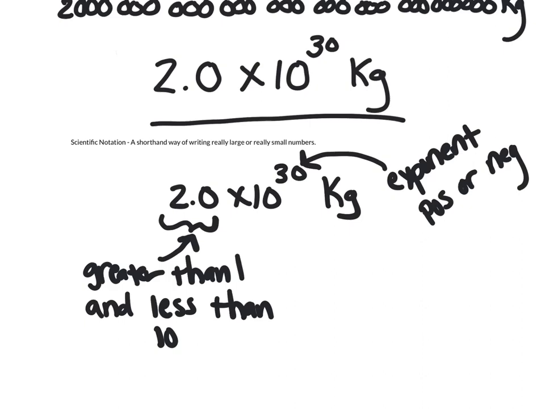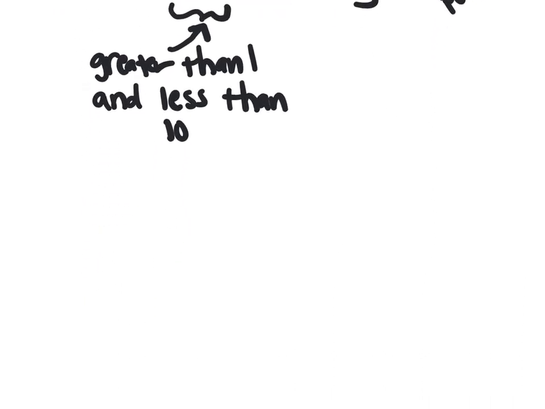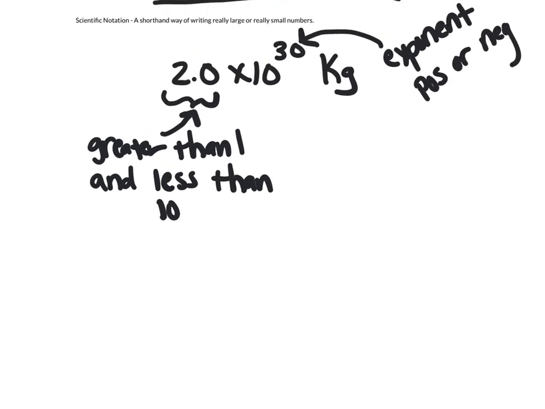So for example, if I was to ask you, is this number in scientific notation? For example, if I wrote 31 times 10 to the power 2. Is this number in scientific notation?